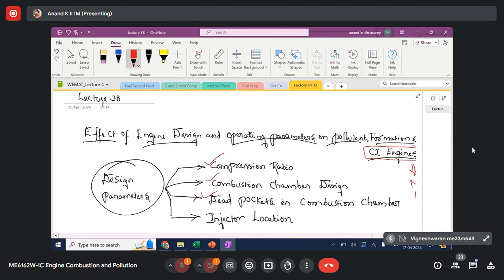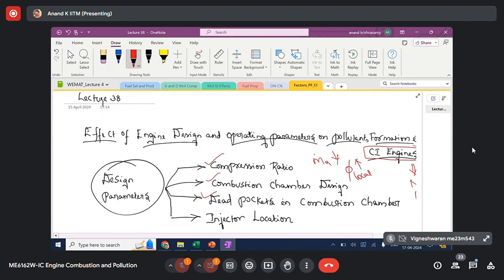What will happen when you trap air in a CI engine? The turbulence might come down, sir. It's not about turbulence. Rather, when you reduce the air level in the engine cylinder, when m dot A is reduced, phi local will become high.